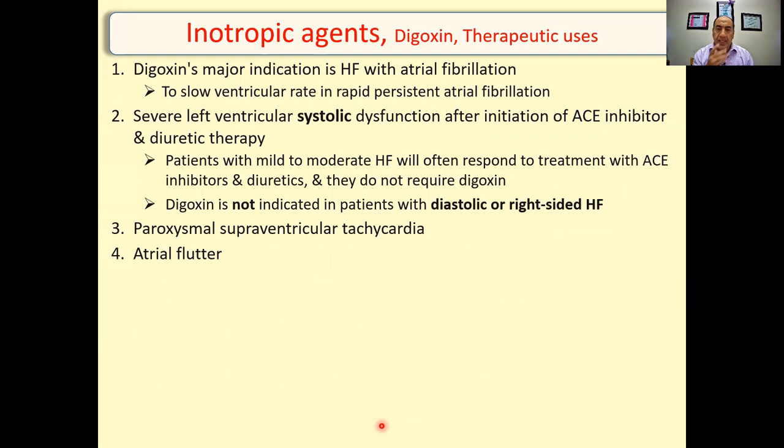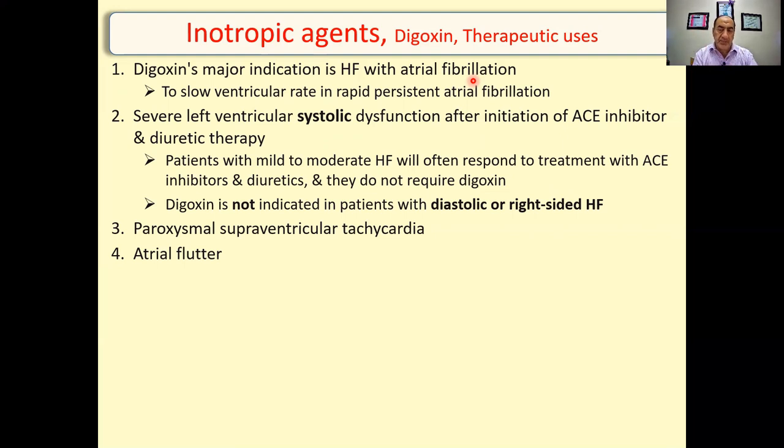Therapeutic uses: its major indication is heart failure with atrial fibrillation. Atrial fibrillation means there is tachycardia at the level of the atria, but it's erratic. So erratic impulses are coming in conduction, so it's not normal.